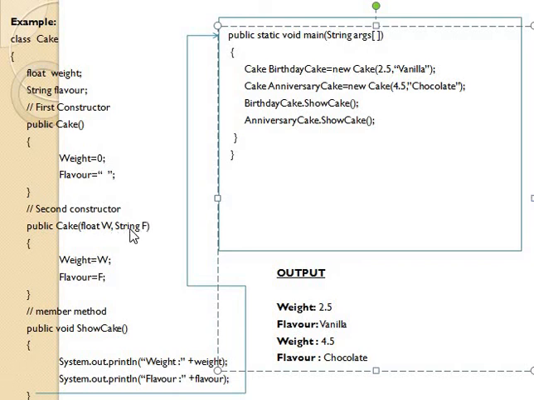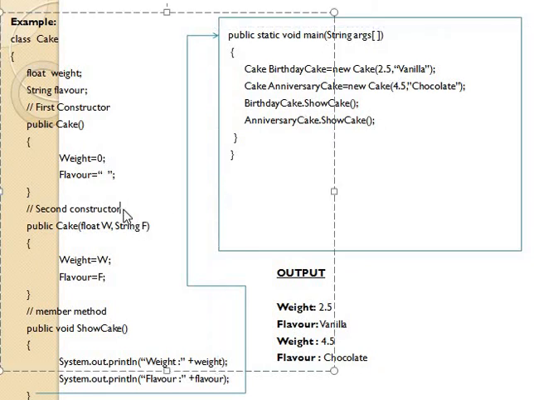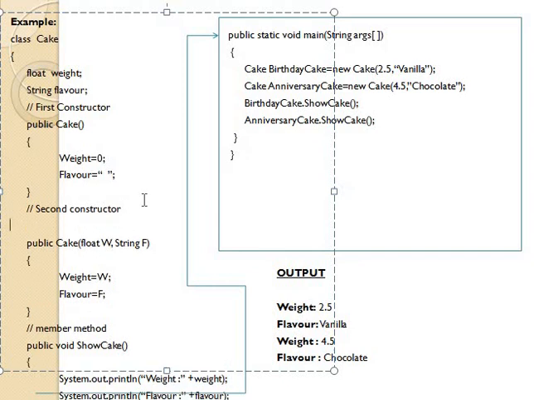On calling this second constructor, the value 2.5, which is a decimal value, will get copied to the first argument, that is w.